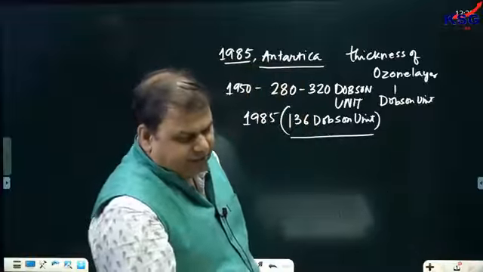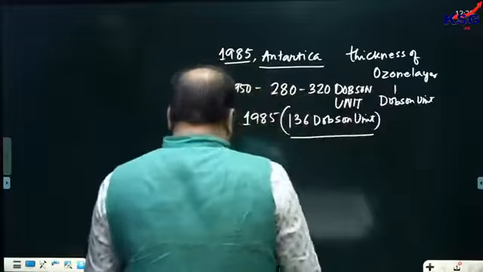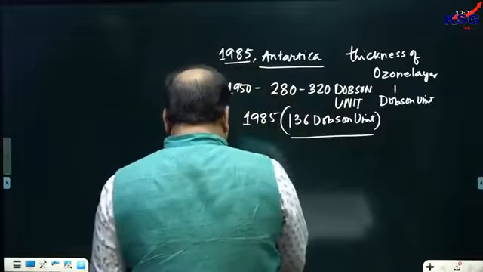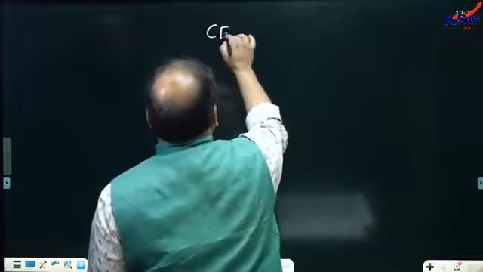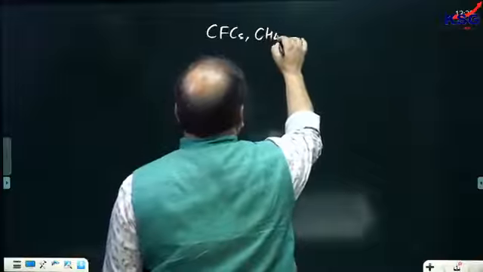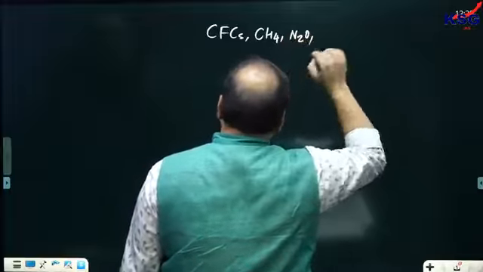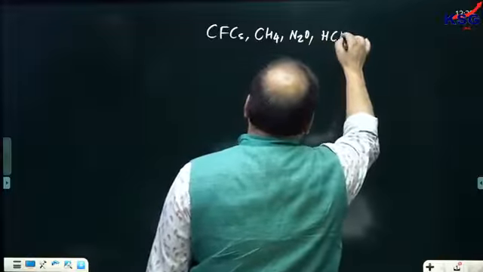And we can see that as far as ozone depleting substances are concerned, they include many. It includes chlorofluorocarbon, methane, nitrous oxide, HCFCs.